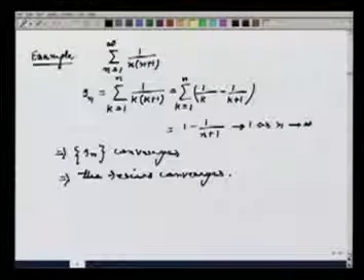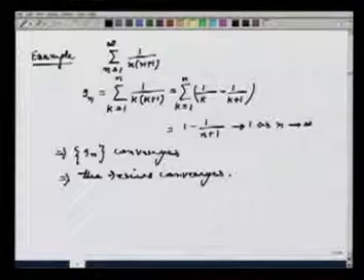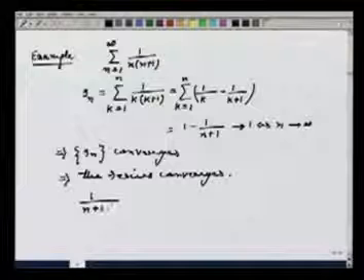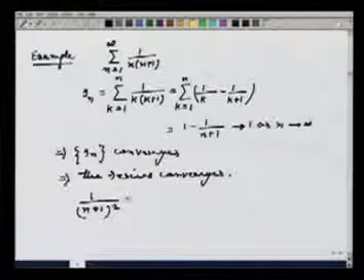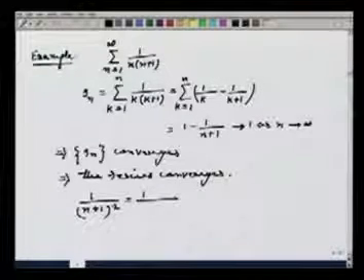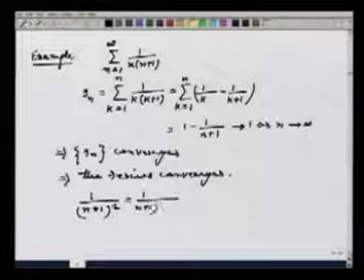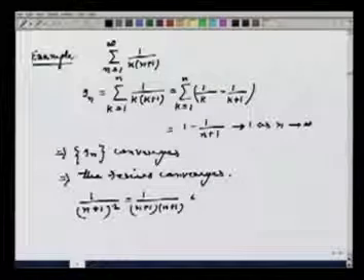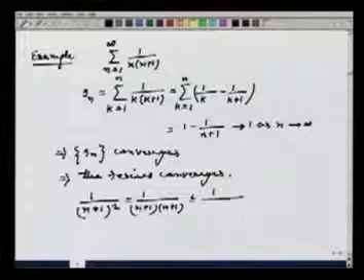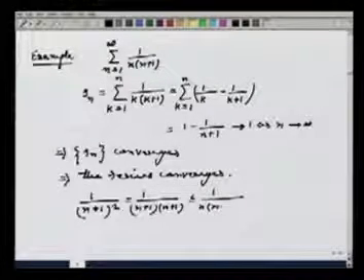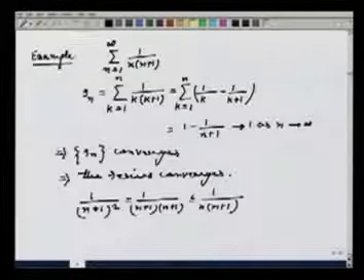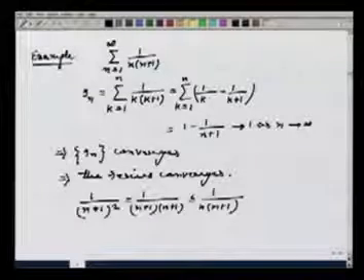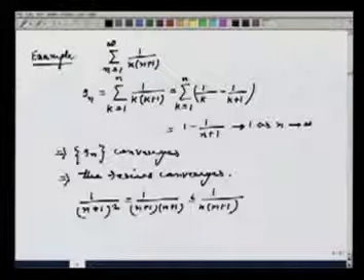Now notice that 1 by (n plus 1) whole square is 1 by (n plus 1) into (n plus 1), which is less than or equal to 1 by n into (n plus 1). But I have already noticed that summation n from 1 to infinity 1 by n into (n plus 1) converges.